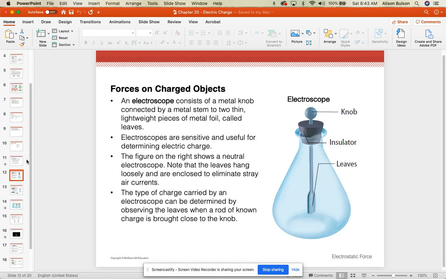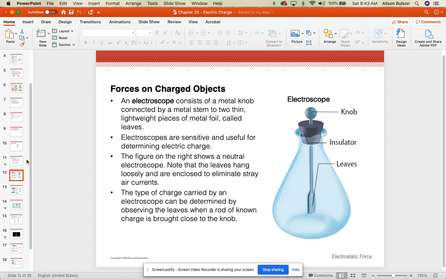So electroscopes are sensitive and useful for determining electric charge. The picture on the right shows a neutral electroscope. When an electroscope is neutral, the leaves hang loosely and they're enclosed in this glass container to eliminate air currents. They're really thin aluminum, just pieces of aluminum foil, and a moving air current can disturb the leaves and make it look like they're moving due to charge rather than air.